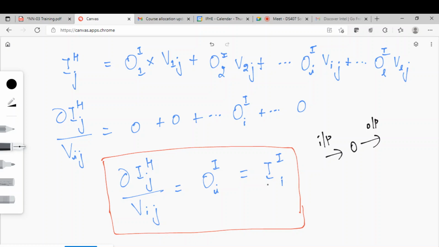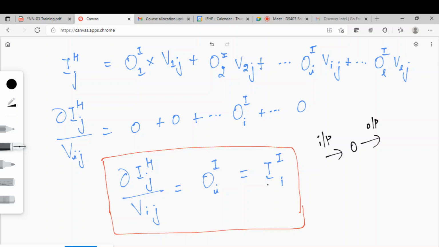And this is the derivative of the third term Wjk, and this is the derivative of the fourth term theta h into Ojh into 1 minus Ojh, which is the output from the hidden layer, and this is the derivative of the input to the hidden layer.